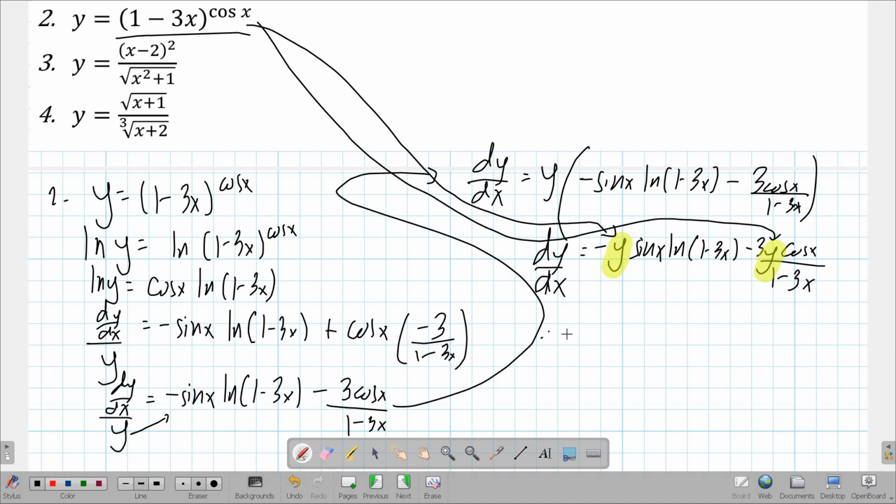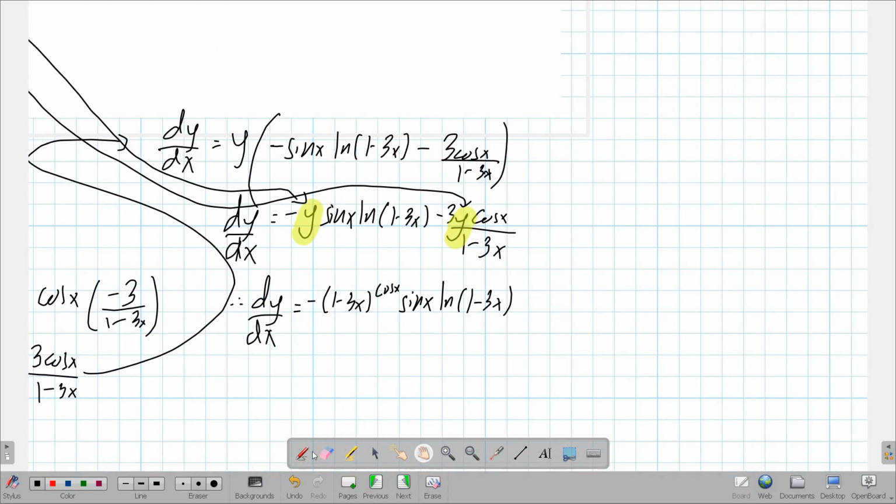Therefore, the final derivative of 1 minus 3x raised to cosine x becomes negative 1 minus 3x raised to cosine x sine x ln of 1 minus 3x minus 3 times 1 minus 3x raised to cosine x all over 1 minus 3x.